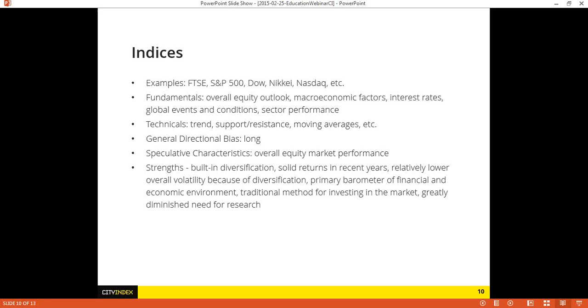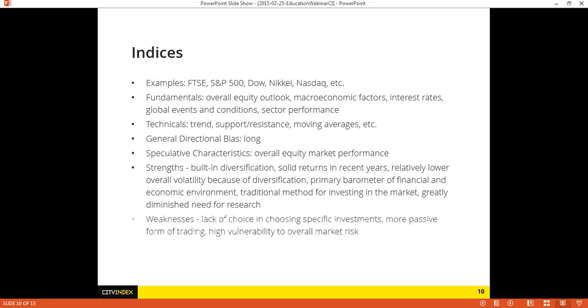Whereas with indices, not so much. Although we are looking at the overall equity outlook and the overall macro factors, you don't have to do the micro research that you do when trading stocks.